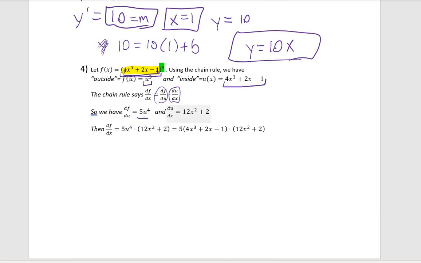And the derivative of the inside part, 4x cubed plus 2x minus 1, gives us 12x squared plus 2. If we put these together, that's the derivative of the outside times the derivative of the inside.